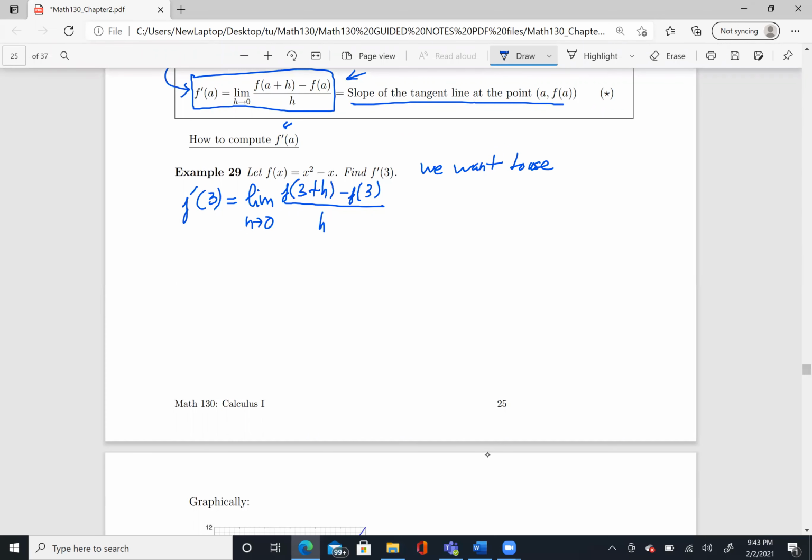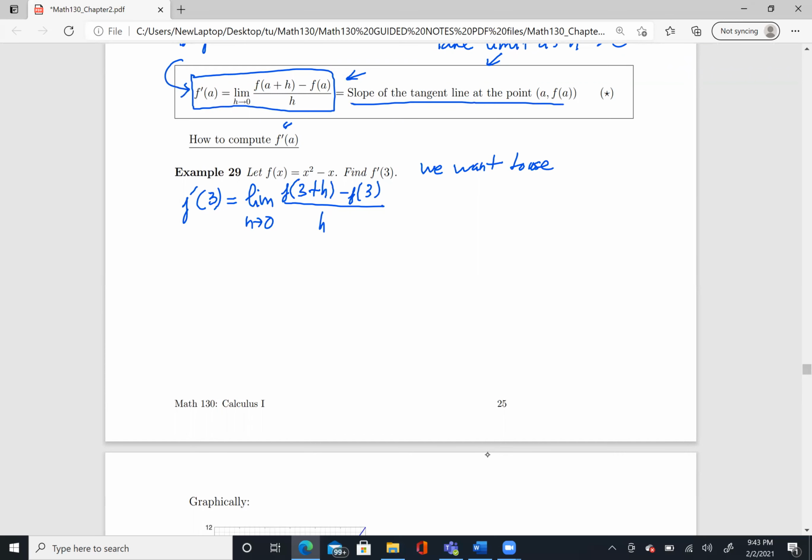So we want to use the formula star over here with a equal to 3.